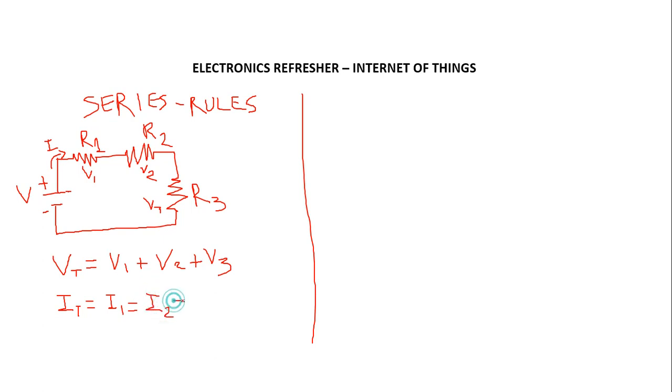It's going to be equal to current 2 and to current 3. So the current is going to be equal in all the circuit. And the total resistor is going to be the sum of all the resistors.